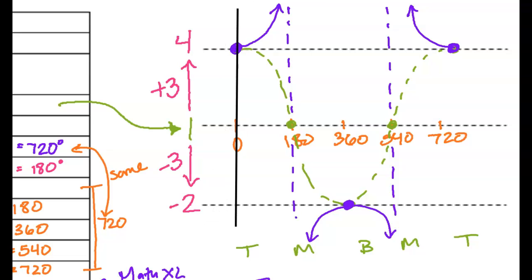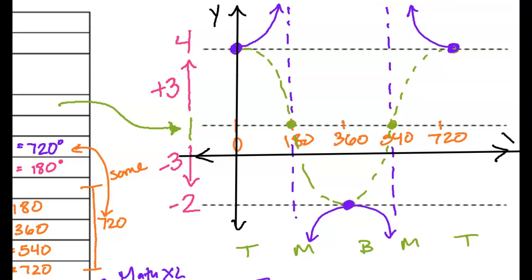And our x-axis, the middle dotted line is at 1. The bottom dotted line is at negative 2. So the 0 line should be about a third of the way between those two dotted lines. So this is our y-axis, and this is our x-axis.